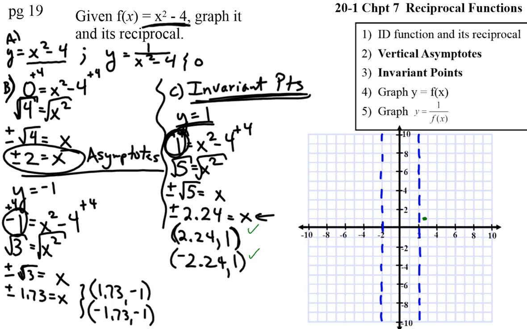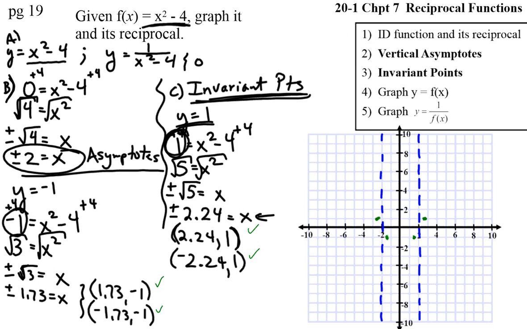We also have negative 2.24 at y equal to 1. So there's 2 of the invariant points. I also had these 2 invariant points, 1.73 at negative 1 and negative 1.73 at negative 1. So there's the 4 invariant points that we now have on our graph.